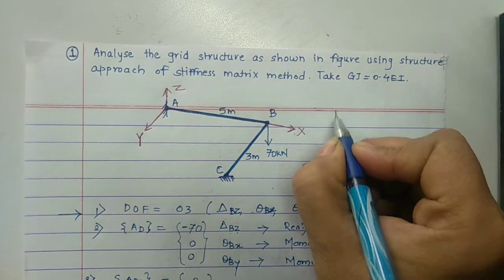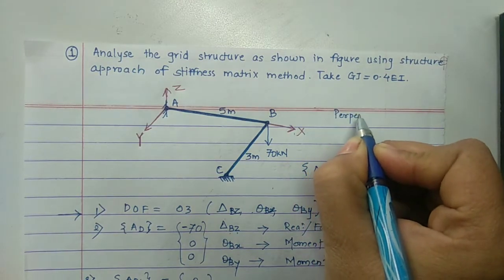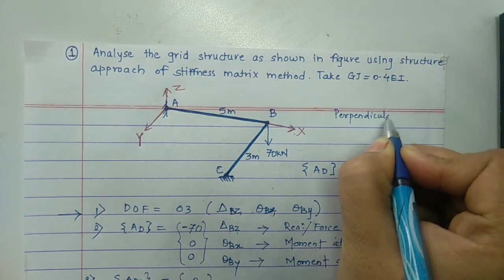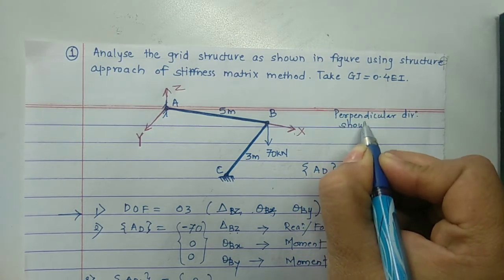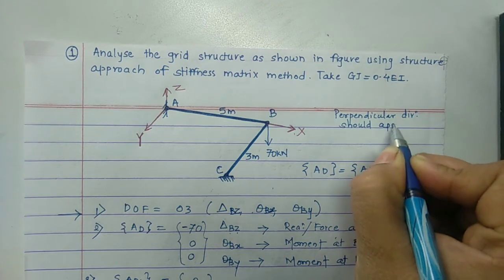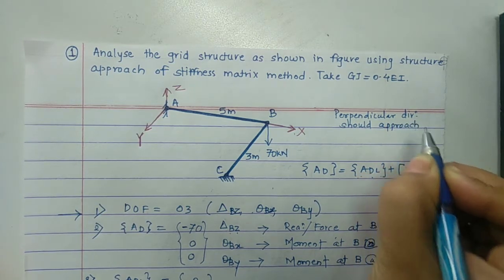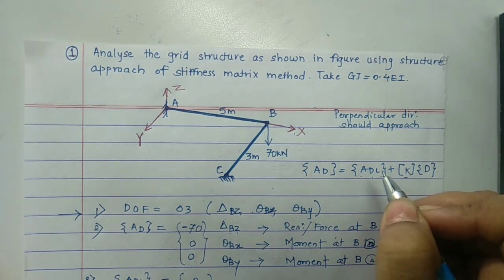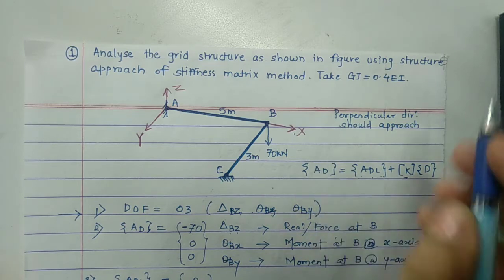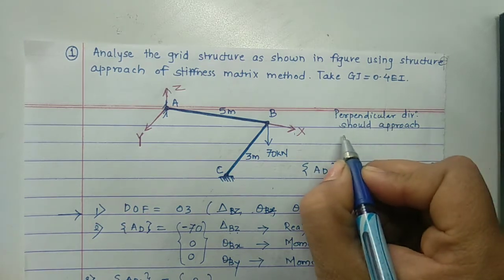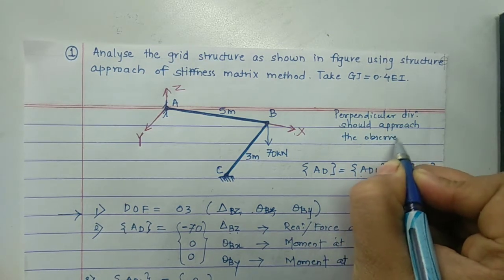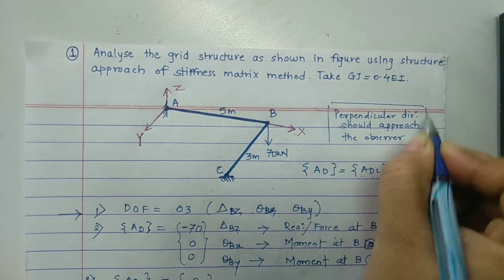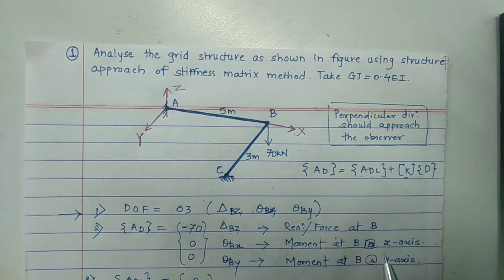I'll write that important point here. The perpendicular direction should approach the observer. In that direction, the observer should see the member from left end to right end. This is the important statement you should be careful about while drawing the member.